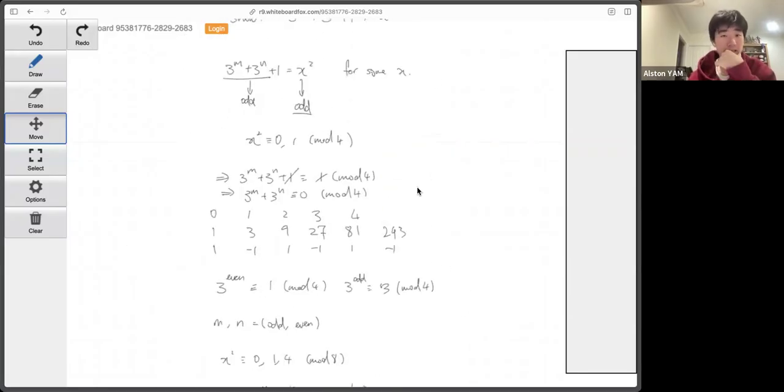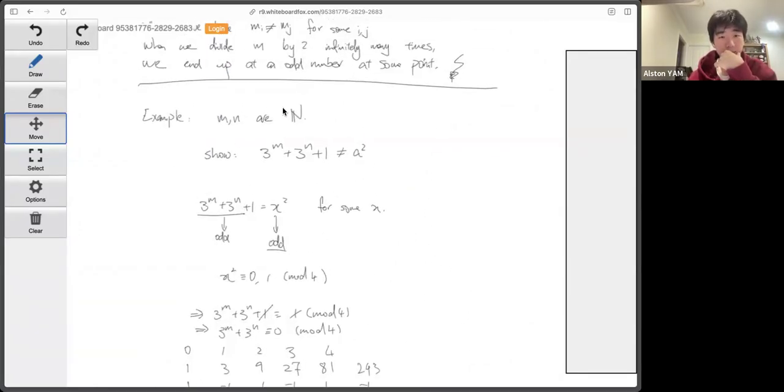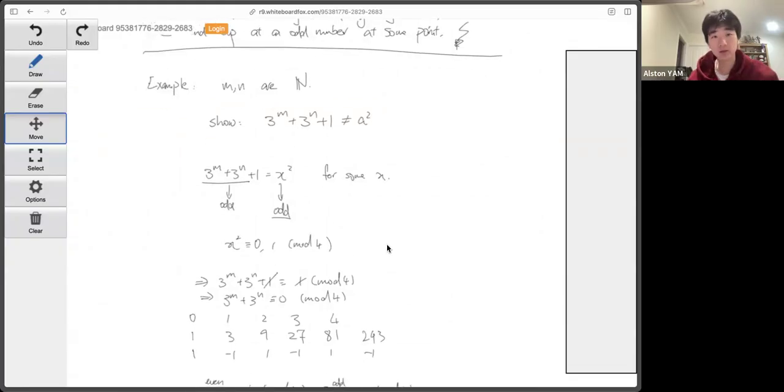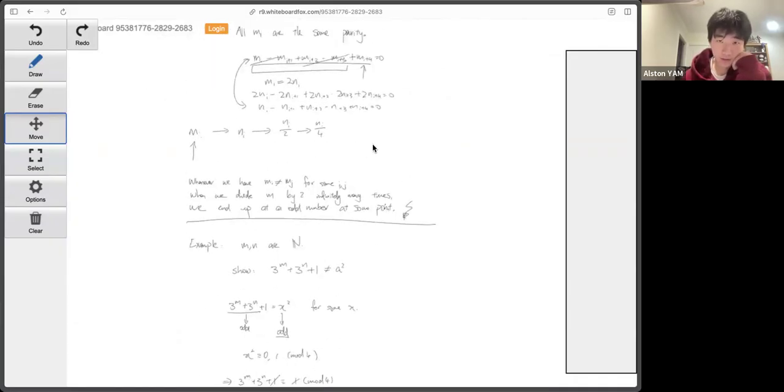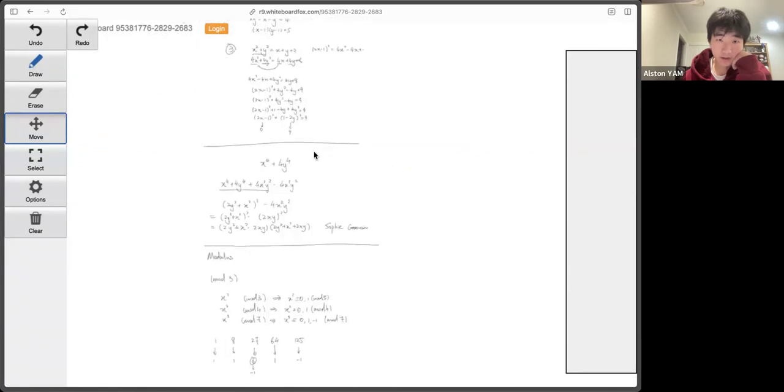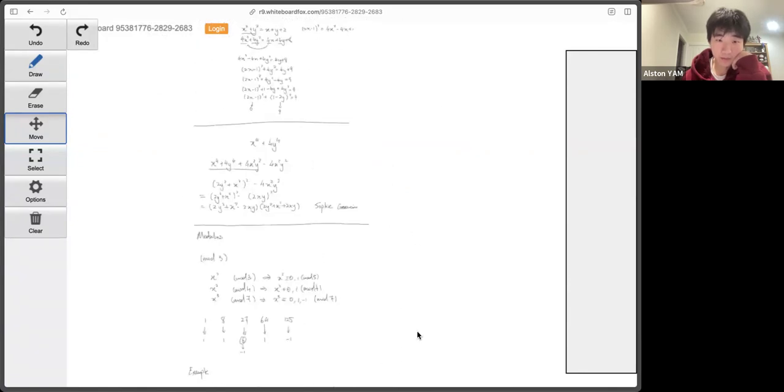And so we have proven that there are absolutely no solutions to m and n, with this being a square number. Cool. So that is our last example for today. Just to have another recap, we did our factorization up here.